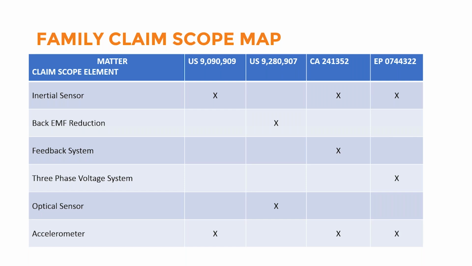And certainly some countries are more lenient on that type of amendment practice than other countries. But let's take the inertial sensor, for example. The spec might disclose an accelerometer. Maybe it doesn't disclose inertial sensor specifically. Inertial sensor might have made it into the claims. Does that present a potential weakness in the claims?